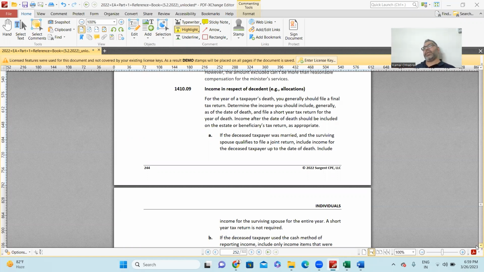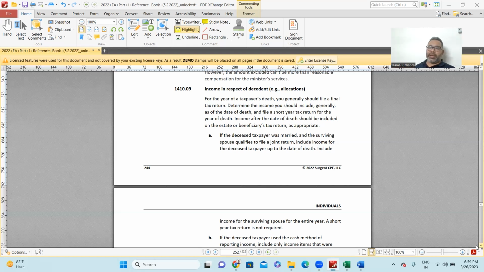In that scenario, there are two possibilities. One is, if in the earlier year they were married filing jointly, then in the current year also they can claim married filing jointly for the entire year, right? If they were not filing jointly, then they need to file two tax returns.